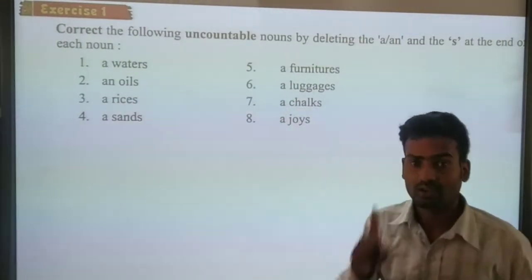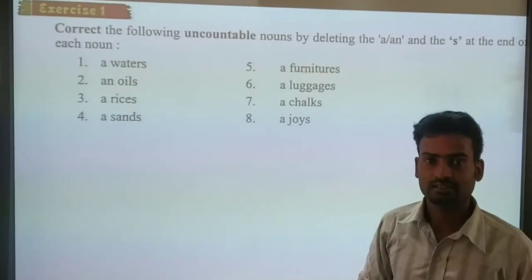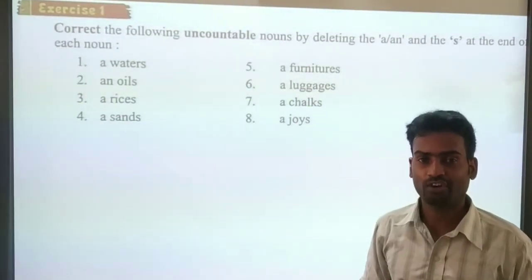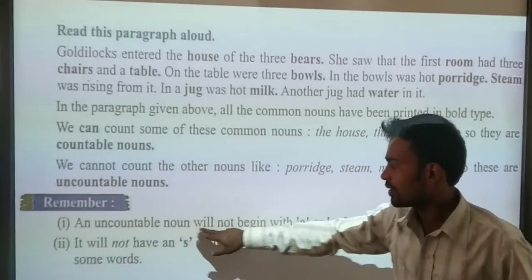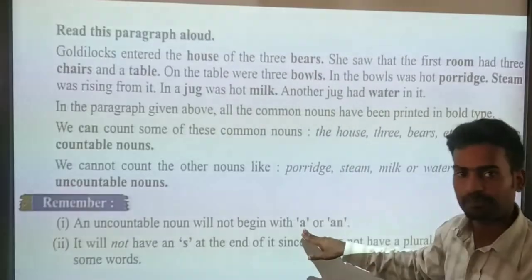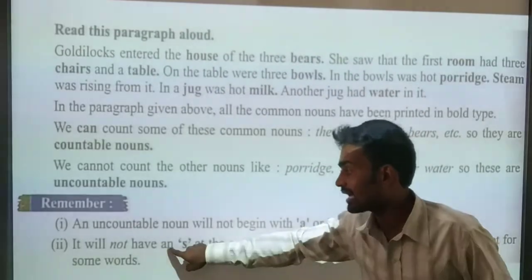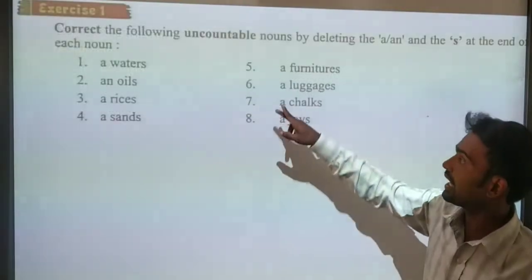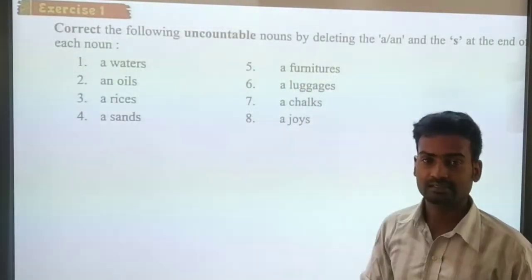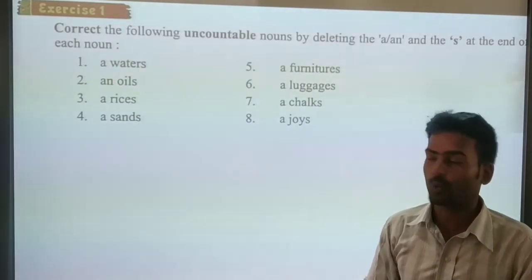A means one, and that is a mistake here, and some have a plural form. As we have seen in the previous slide, an uncountable noun will not begin with A or an, and it will not have S at the end. But here we have all the mistakes. We are going to remove them and write the proper one.